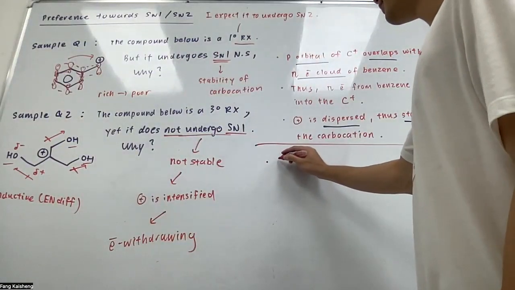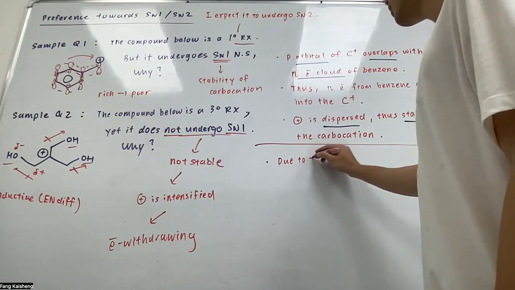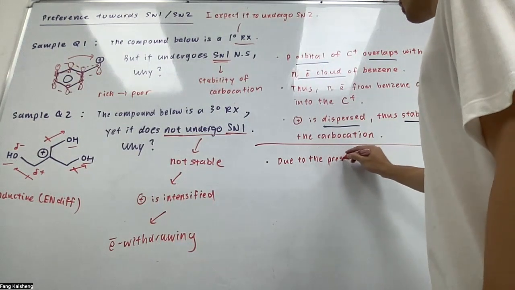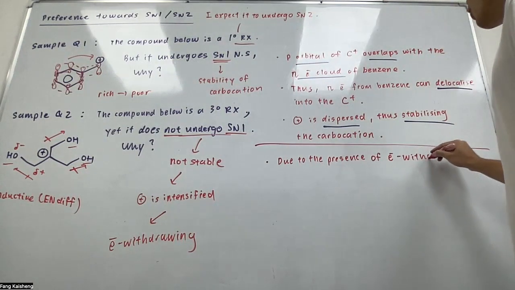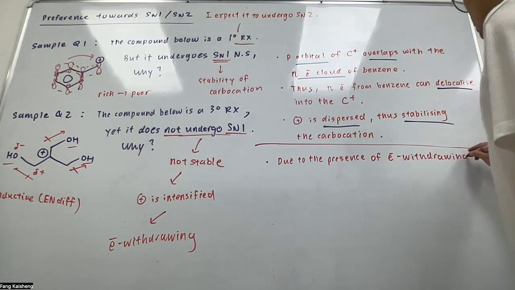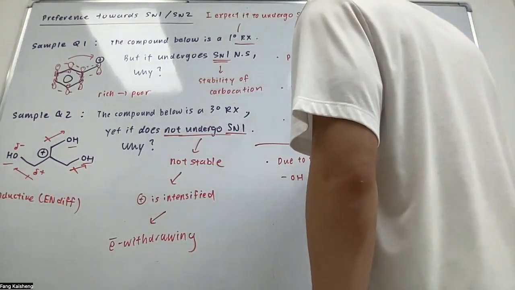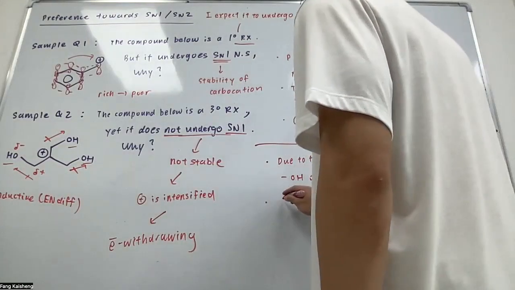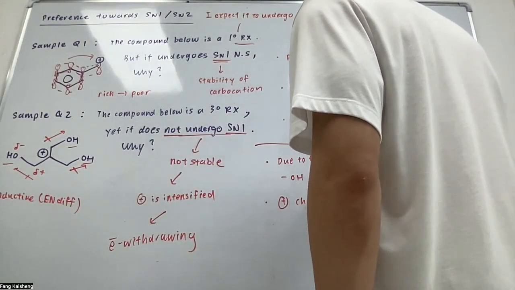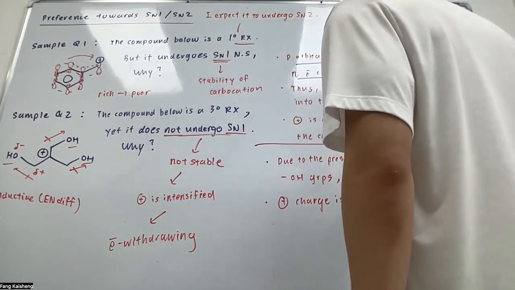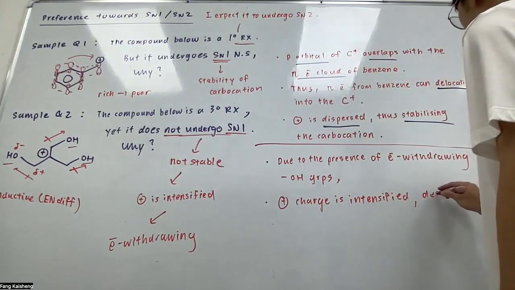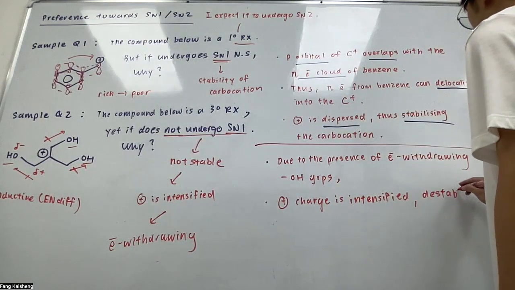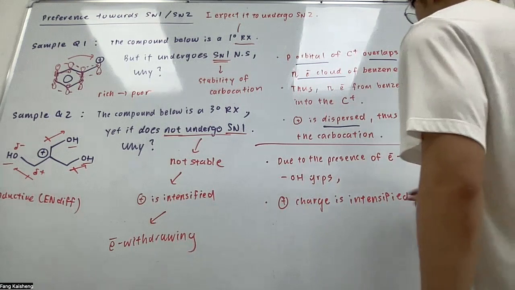Okay, so guys, look at the reason here. Due to the presence of electron withdrawing OH groups, the plus charge is intensified, destabilizing the carbocation.